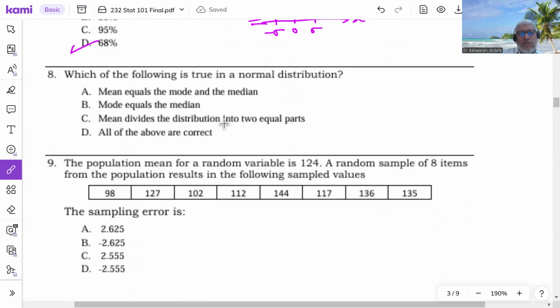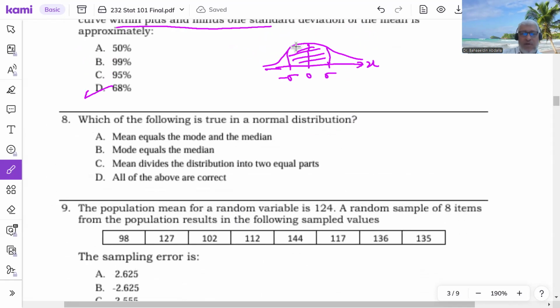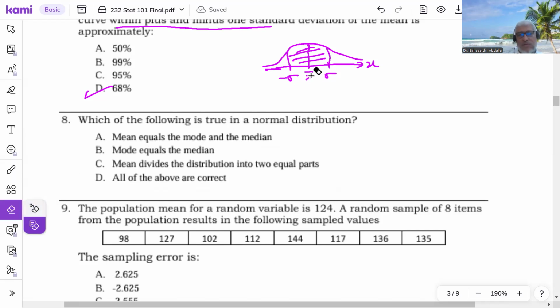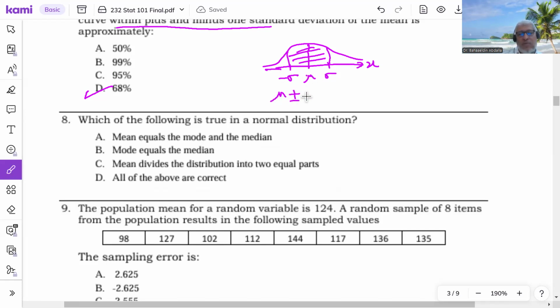Which of the following is true in a normal distribution? Mean equals the mode and the median, yes. All of them. This doesn't have to be zero. This is X bar, okay? Yeah, or mu, because it's population. So this is a mu. And the interval he was talking about here, mu plus or minus 1 sigma.